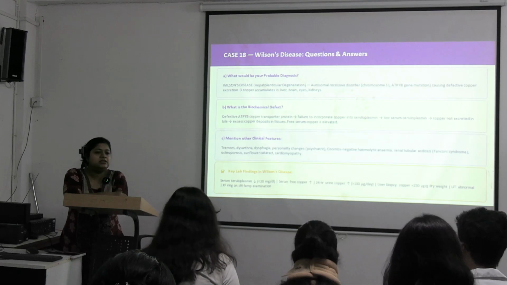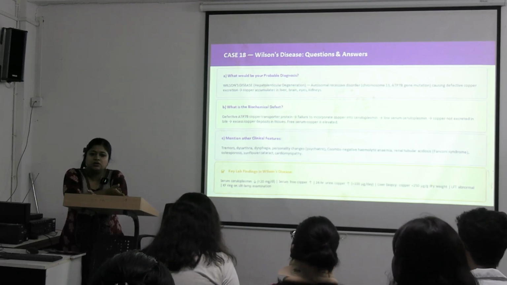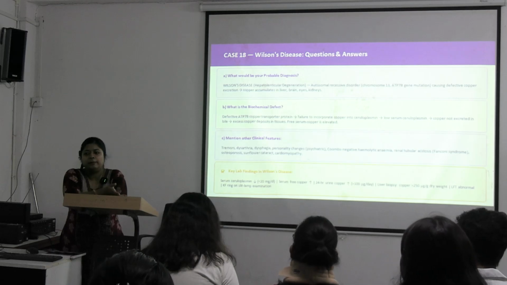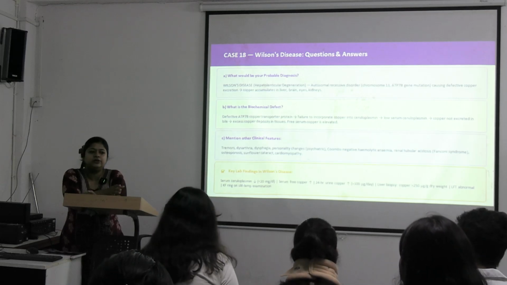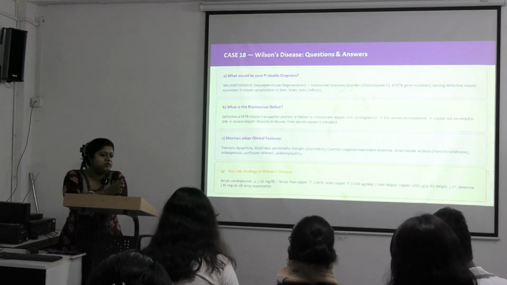So if we measure ceruloplasmin level, it will be low as ceruloplasmin is not being produced. Copper uptake is defective, leading to defective ceruloplasmin formation. But free circulating copper will be increasing.